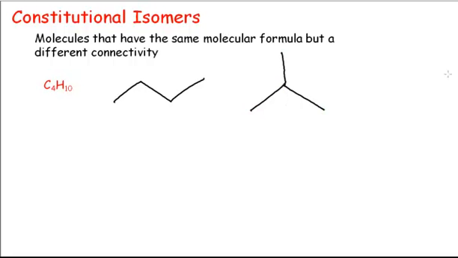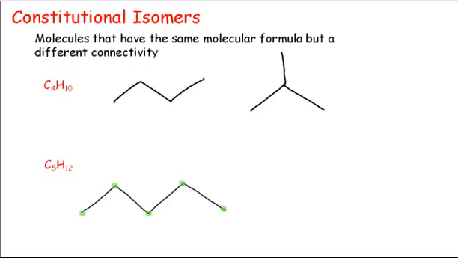Let's look at another example. Let's do C5H12. Well, I always think that the easiest way for me to generate constitutional isomers is to start with a continuous chain that contains all of my carbon atoms. So in this case I have 5. Here we have 5 carbons in a row. 1, 2, 3, 4, 5.